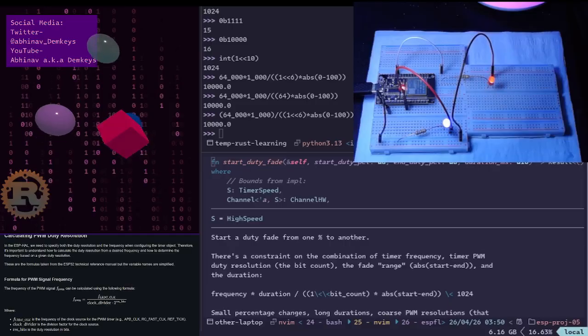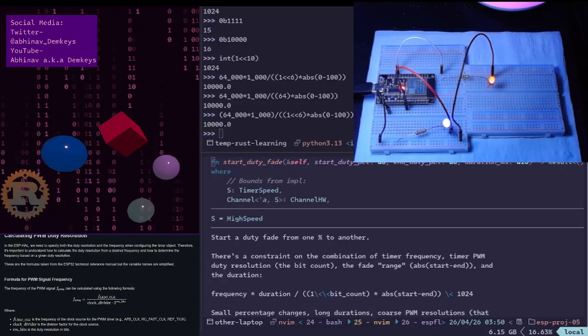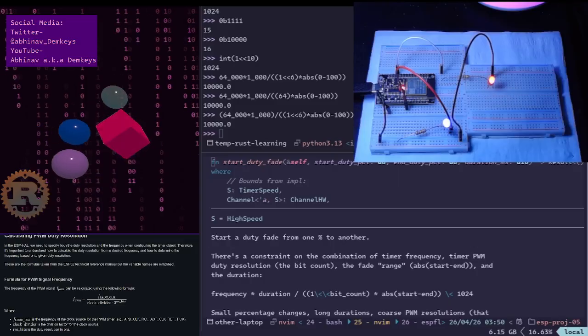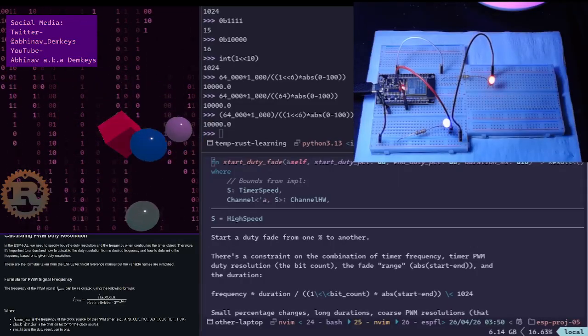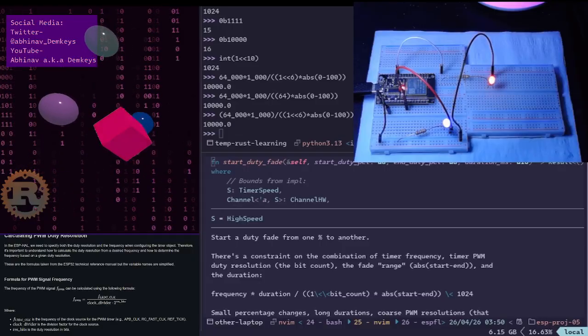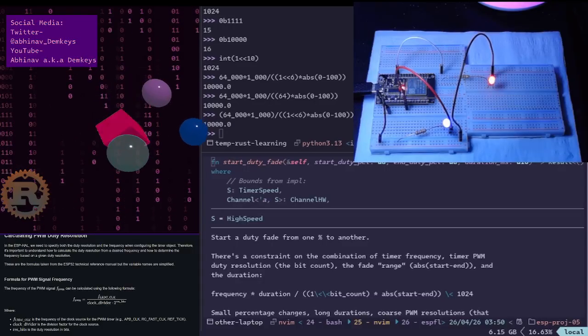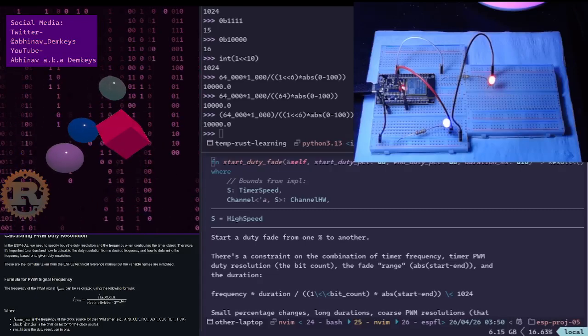My result came up to, was it 10,000? Yeah, which is definitely less than 1024. So how is my code working?